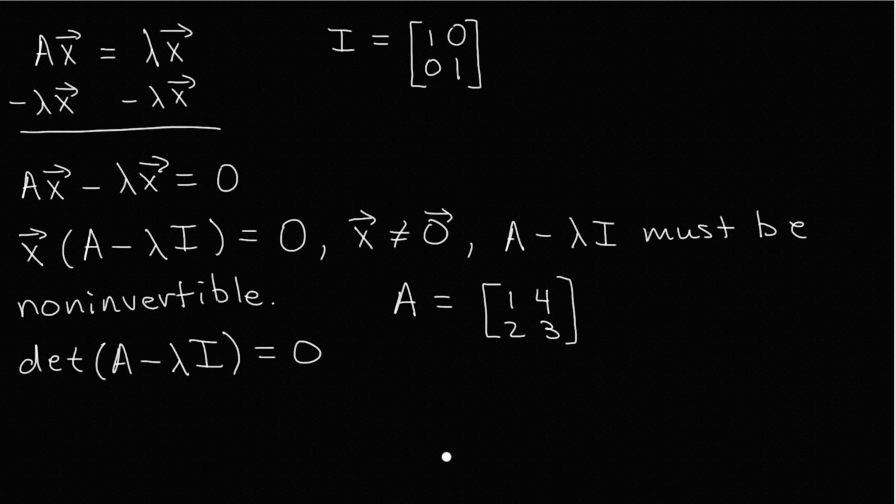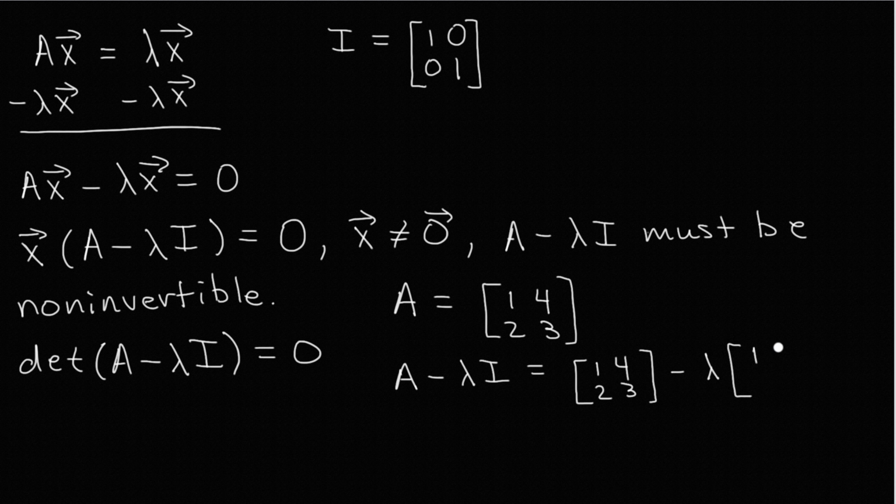And what we're going to do is subtract lambda I. So A minus lambda I. We can write that out. So we know that matrix A is 1, 4, 2, 3, and we're subtracting lambda I. We know that I is 1, 0, 0, 1. That's our identity matrix from up here.